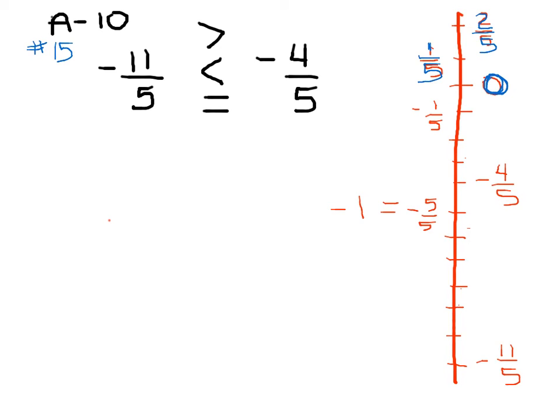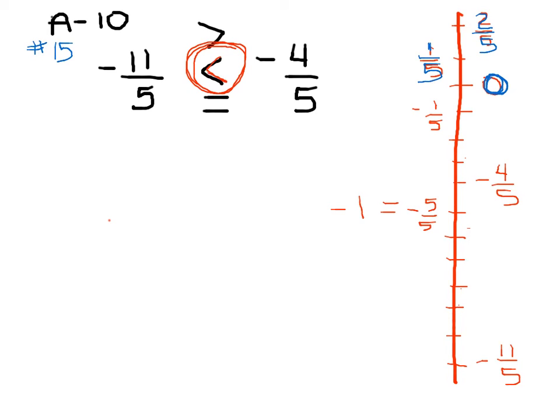So you can see here, any number above is greater. Negative 4 fifths is greater than negative 11 fifths because it is above it when I order them on my vertical number line. Therefore, I know the answer to this problem is that I need the mouth to be pointing towards the bigger number.